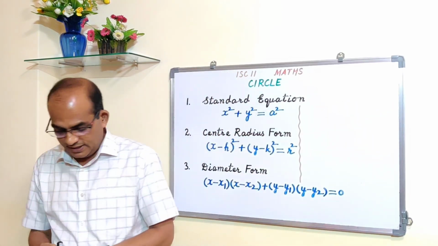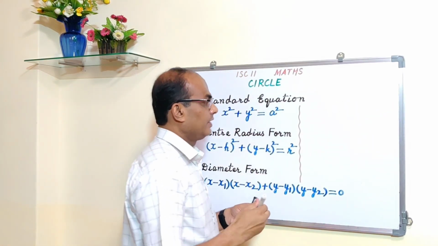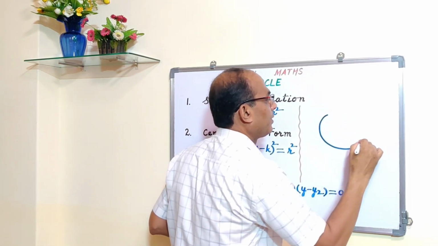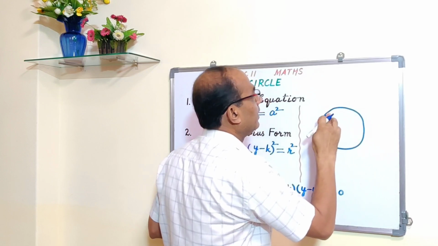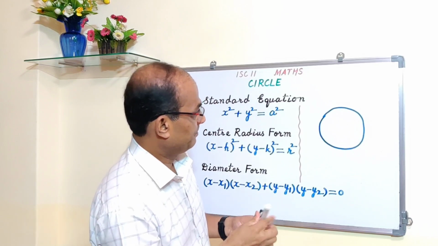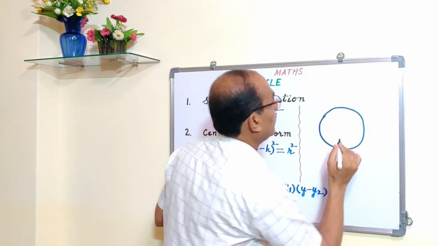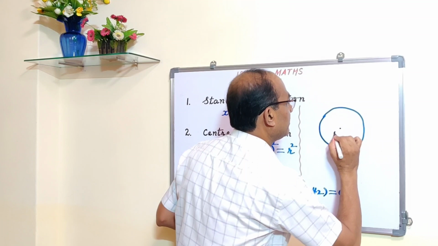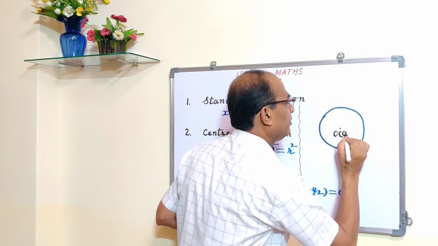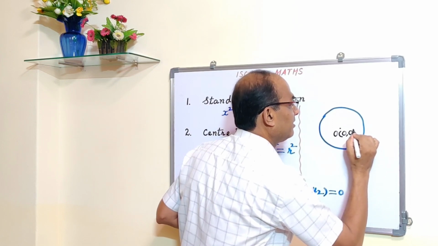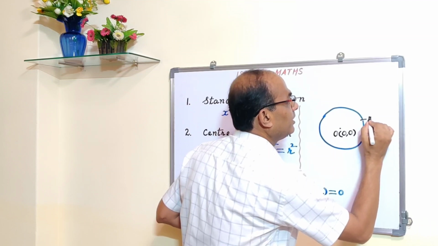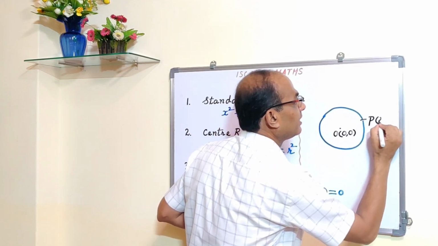Let this be the circle, and this is the center O, and we are taking the coordinates as 0, 0 because the center of this circle is at the origin, and any point P we are taking here, the coordinates are x, y.